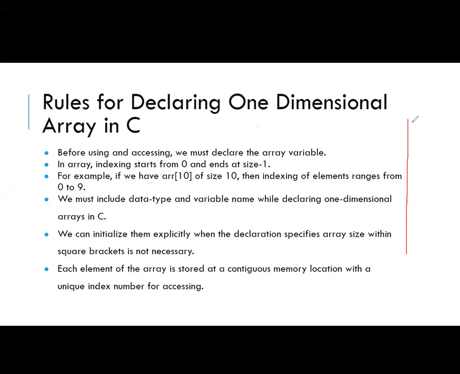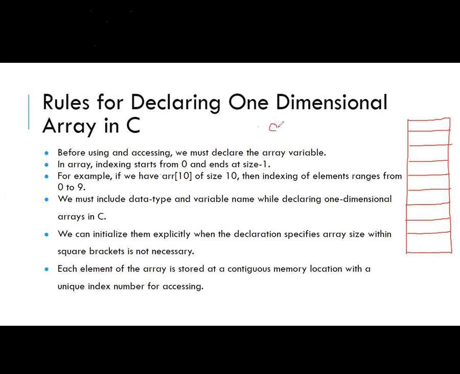Suppose this is my RAM, and it has some memory locations. I'm representing the RAM, and this I'm representing as memory locations. For example, I have an array of size 3.